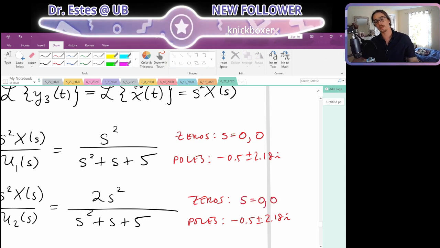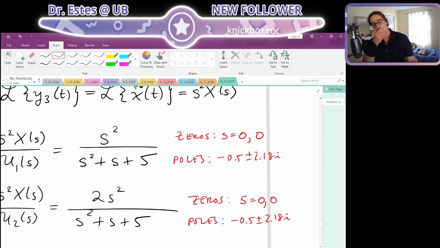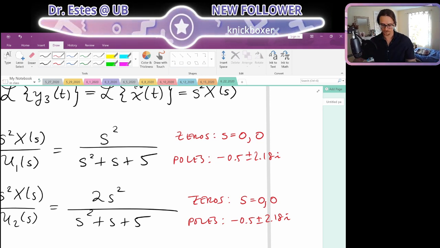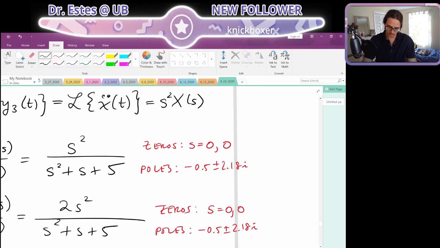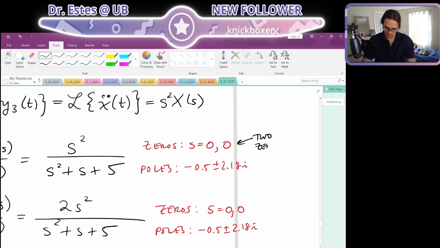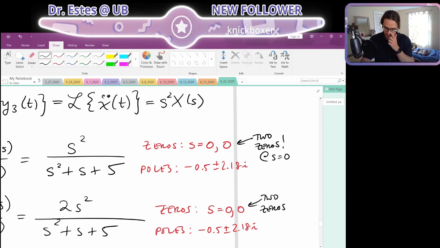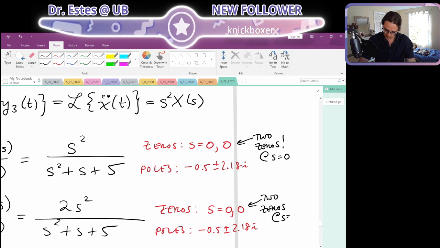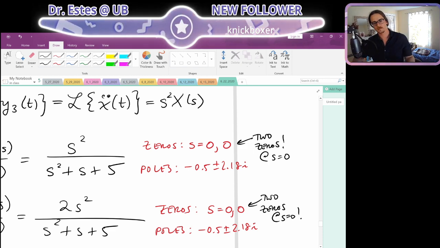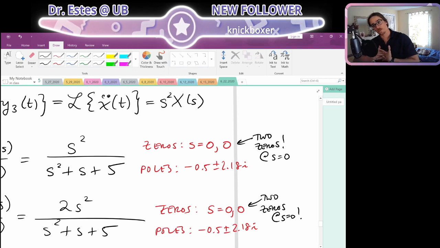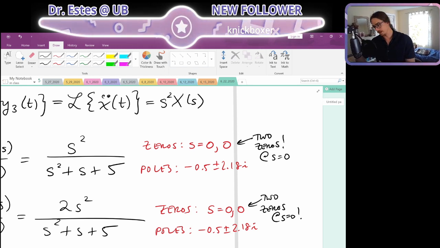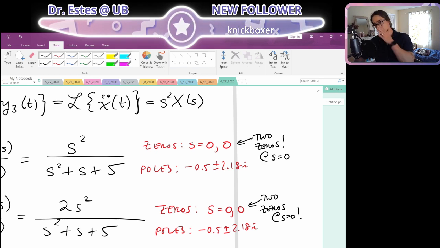It's just like a repeated root. Think of it that way. But it has 2 zeros, not 1. 2 zeros at s equals 0. That becomes important in control systems. If you neglect one of these, you could make a control system that turns out to be unstable.